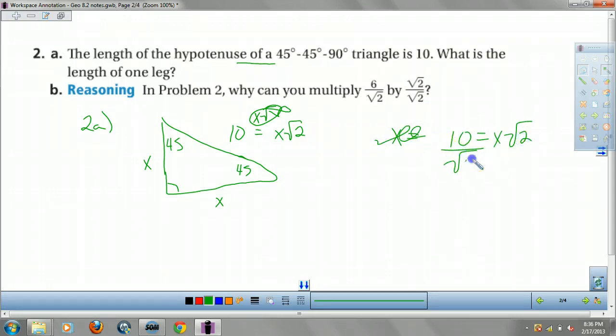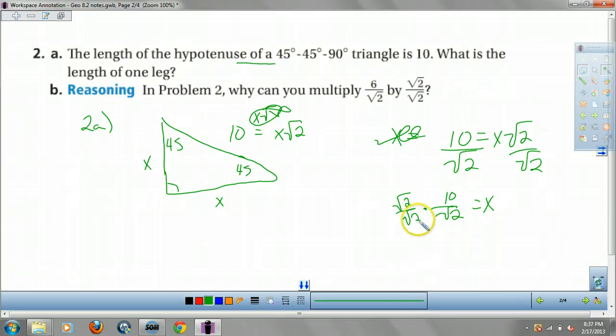Divide both sides by square root of 2. 10 over root 2 equals x. But now I gotta get rid of that square root of 2 from my denominator. So I multiply it by root 2 over root 2.